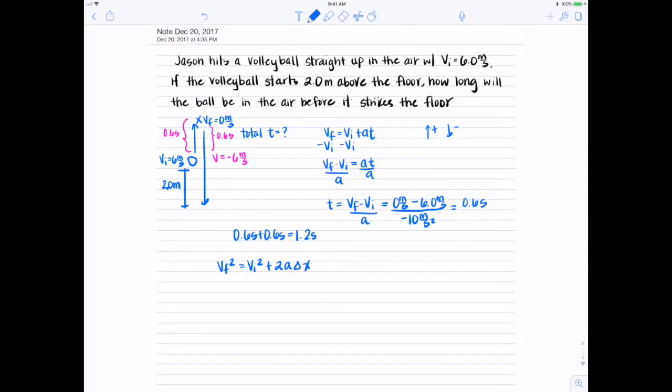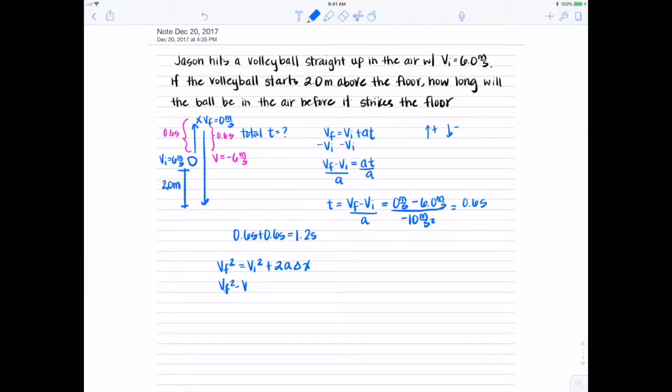I'm going to use this equation, and I'm still going to look at the first part of the path of the ball, meaning from the time it's let go to the peak, so I can still use 0 as my V_f, and I'm going to find out what was the change in position of the ball from its point 2 meters above the ground to its peak. So I'm solving for delta x.